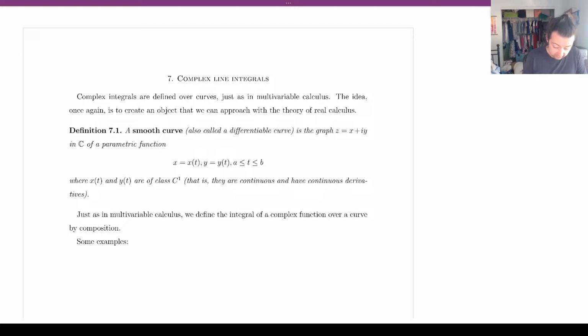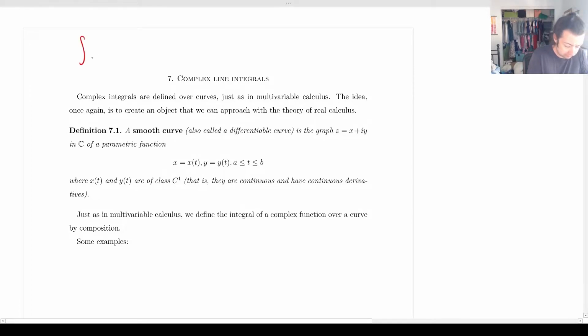The idea is that we want to create an object that we can use in real calculus. Remember that the basic integral of real calculus is an integral over an interval. So when you write down the integral from a to b of f of x dx, the vision you should have in mind is a one-dimensional space that you're integrating over.